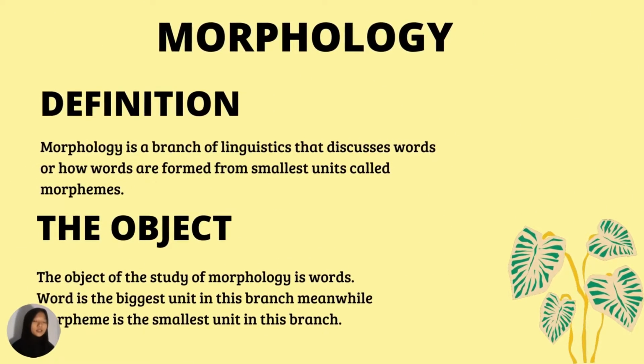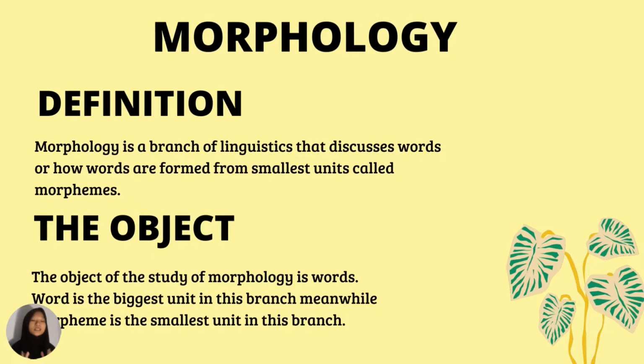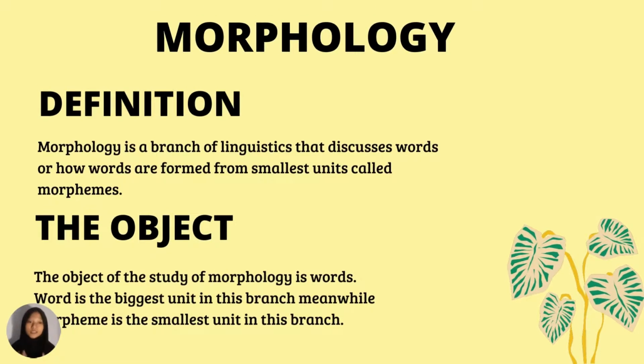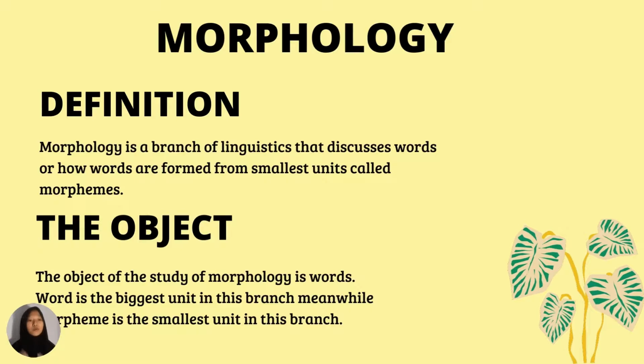What is morphology? The definition of morphology is a branch of linguistics that studies words, or how words are formed from the smallest unit called morphemes. So, simply, it can be defined that morphology is the study of word formation.